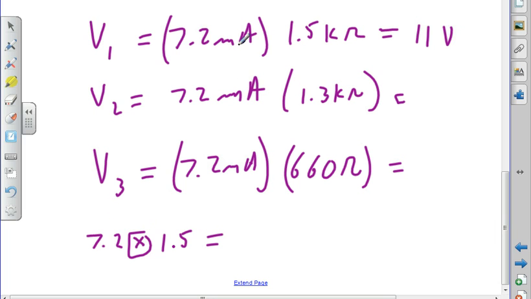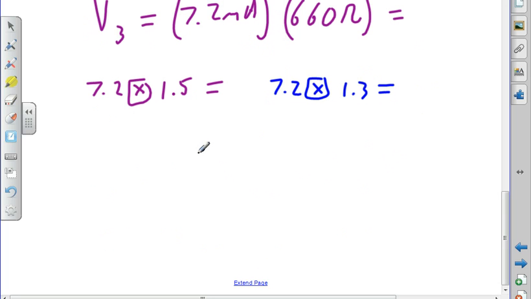I can drop the milli and the kilo because they're going to cancel each other out. And then I'm going to go 7.2 times 1.3. 9.4 volts.